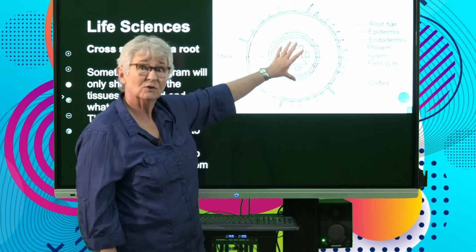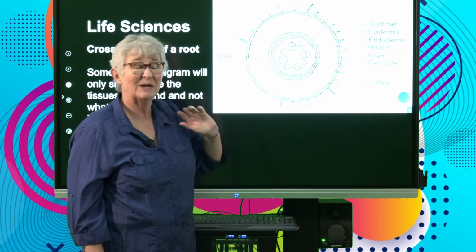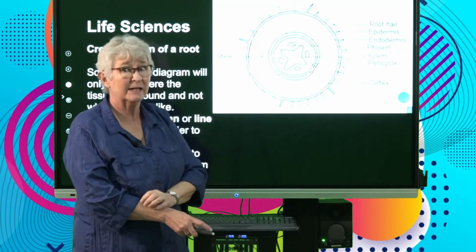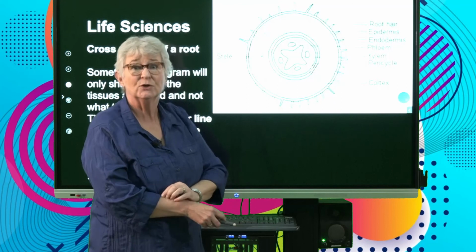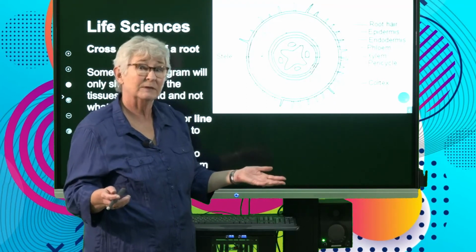Now, once you've looked at the plan, it will be a little bit easier to have a look at the detailed diagram because you will be able to see where the different cells occur.